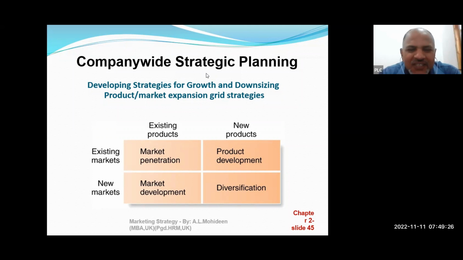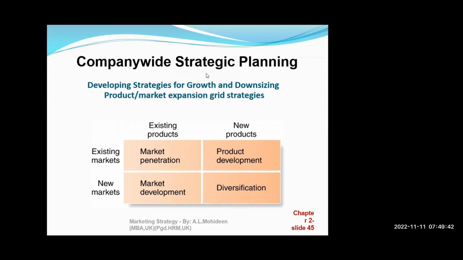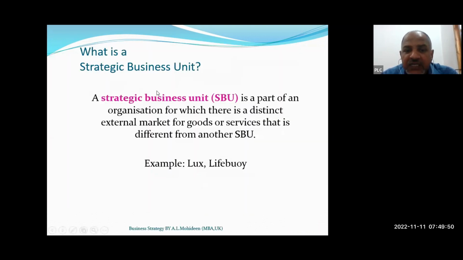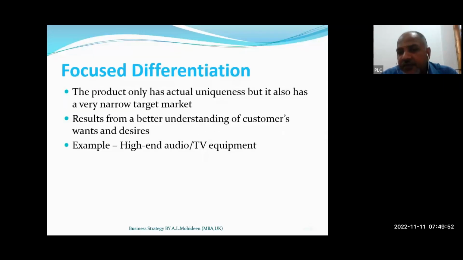Okay, no problem. So in the last class, we discussed generally what strategies an organization has, right? According to the strategy, we have to bring our procurement strategy, right? The organization is going to have different strategies. The very important strategy is called generic strategy.